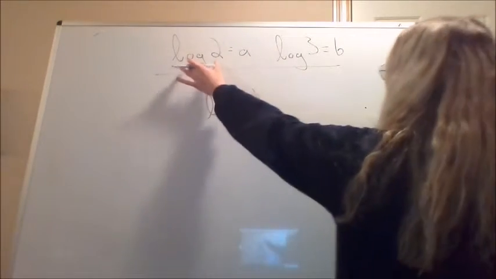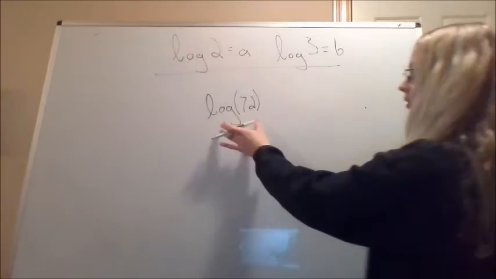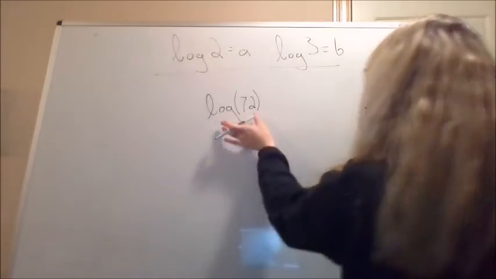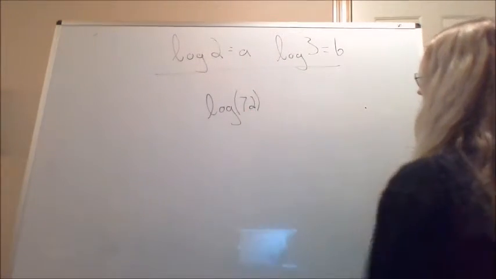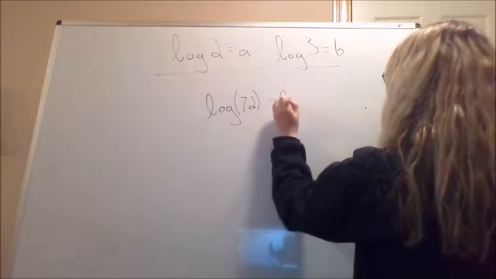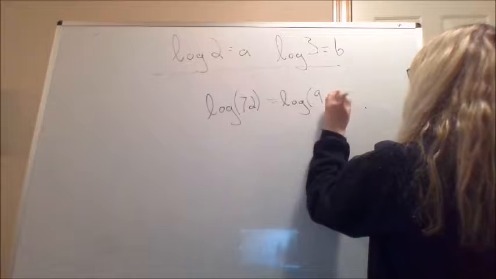Here's one more example. If we're given that log 2 equals a and log of 3 equals b, how can we express log of 72 in terms of a and b? Well, if we look at 72, we know that 72 is 9 times 8.